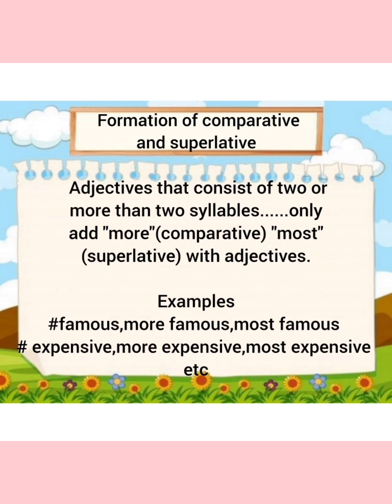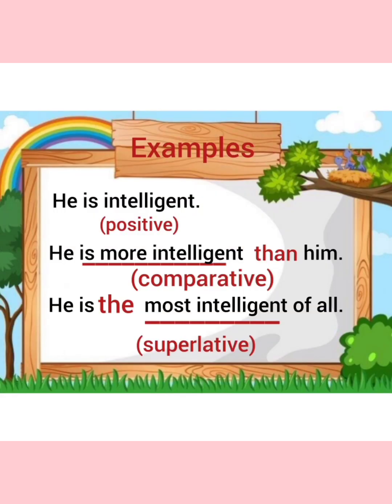Now let me explain this positive, comparative and superlative degree with the help of this example. He is intelligent. Now here intelligent is the positive degree because it is explained for only one single subject, one single noun or pronoun in this sentence. In the other sentence, he is more intelligent than him. Now comparison has been made between the two people here.